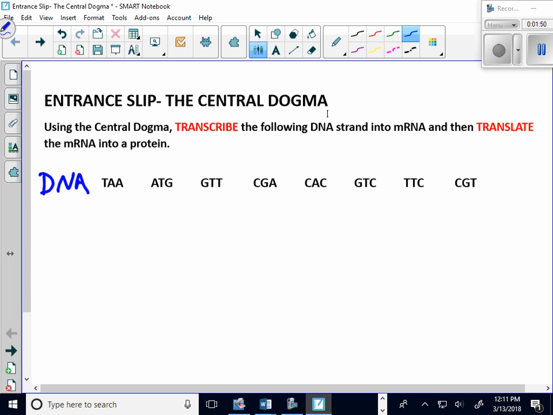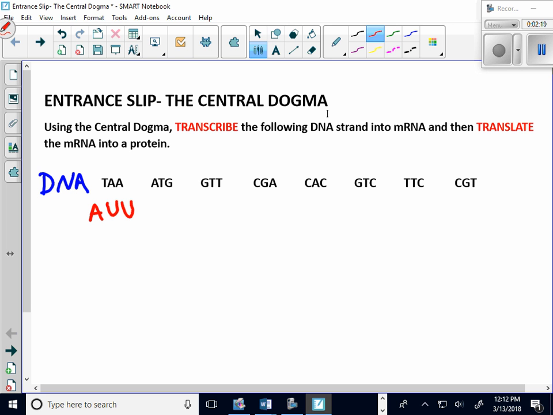So if I go here and I look at TAA, what is TAA going to translate to? T goes to A. I'm going to use a different color. T goes to A. What does A go to? U. And the other A goes to U, right?